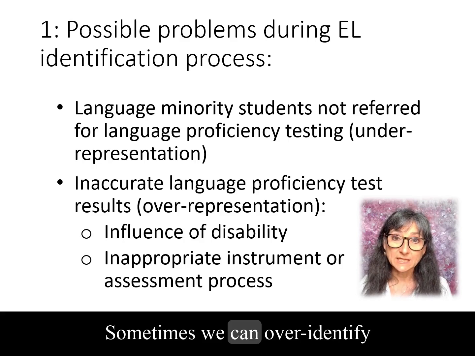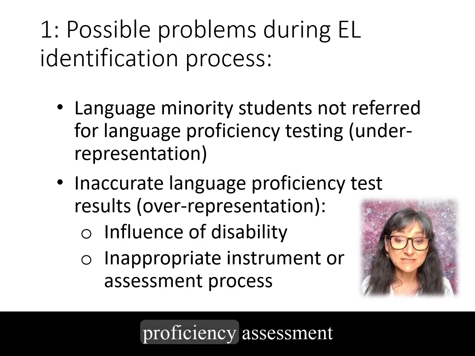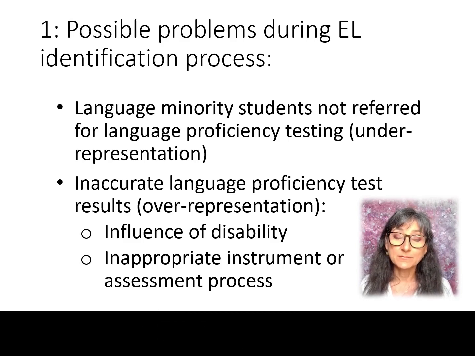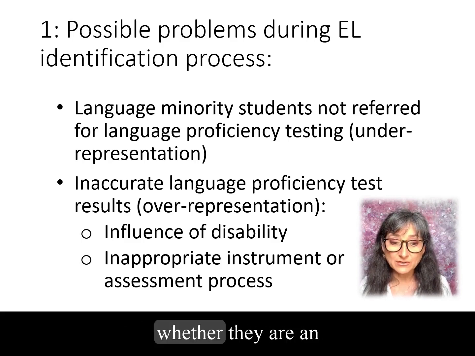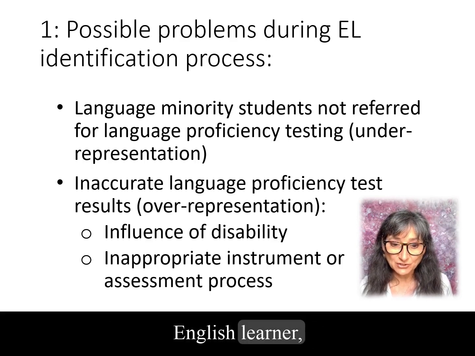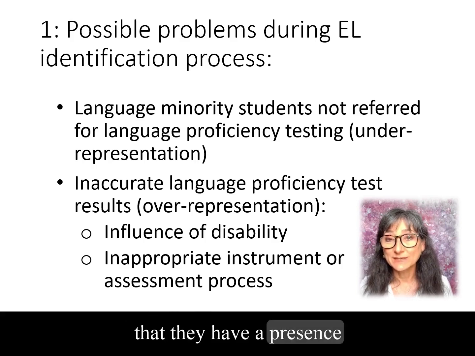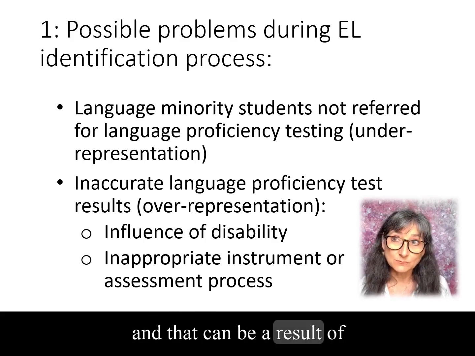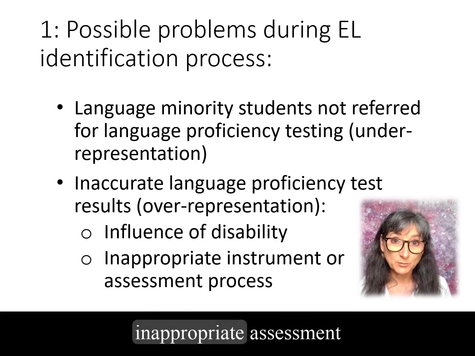Sometimes we can over-identify students because the language proficiency assessment is not appropriate. So instead of really identifying whether they are an English learner, what we're really identifying is the presence of a disability. And that can be a result of inappropriate instruments or an inappropriate assessment process.